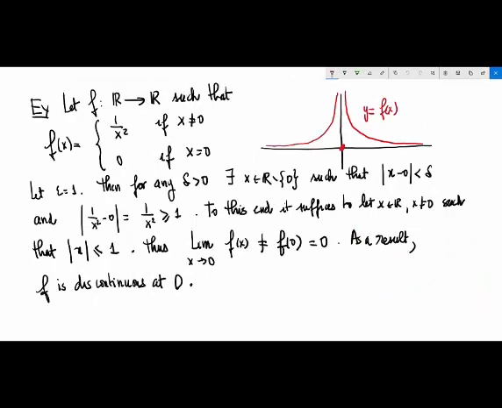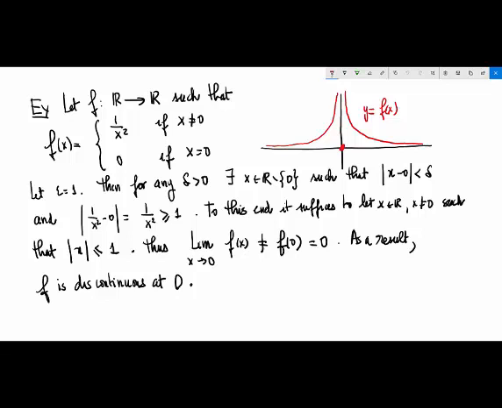Another example, let f be a map between R and R such that f of x is equal to 1 over x squared if x is not 0, otherwise f of x is 0. Now I would like to show that the limit of f of x when x is approaching 0 is not equal to f of 0, which is 0.